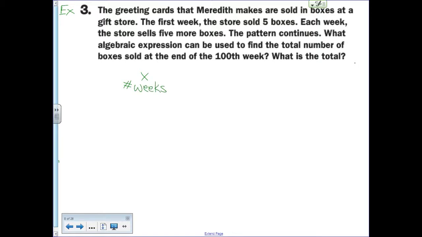And we would have a Y column, and I'm going to leave a space in our table to come up with a rule. So let's put a rule in here. And then the third column, the Y column, would be boxes sold.